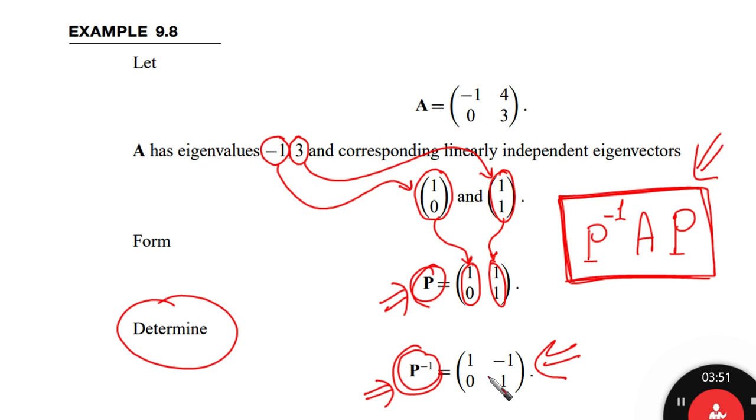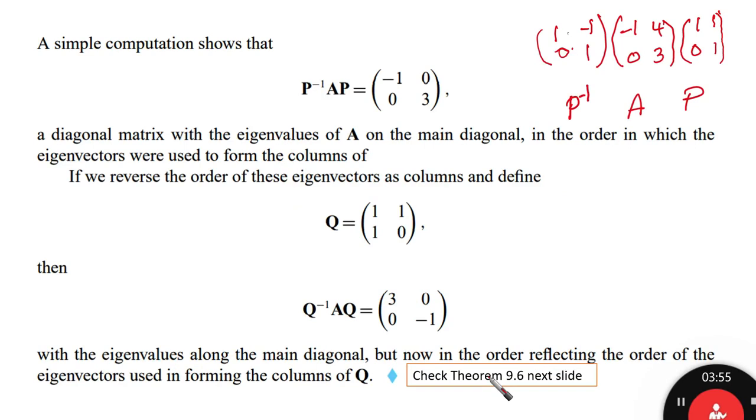Okay, now let's go to the next part. Here a simple computation shows that P inverse A P, the inverse of P times A times P, equals -1 0 0 3. We put P inverse as we obtained it from the previous slide.